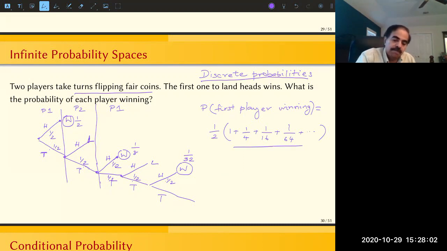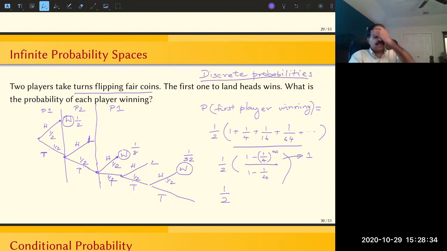So substituting the formula for geometric progression, the numerator will become 1, because you raise it to power infinity, and 1/4 to the power infinity is just 0.